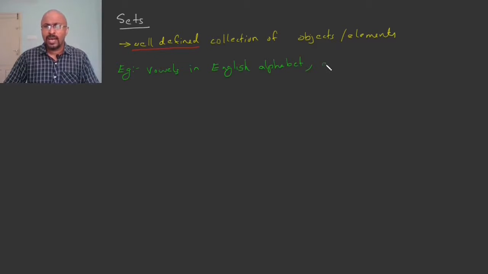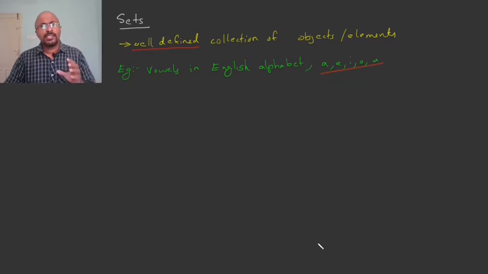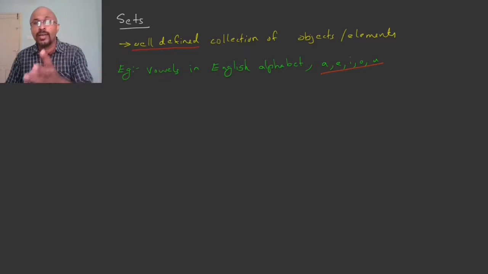We know they are A, E, I, O and U. So, this collection is a set because we can definitely say which are in the set and which are not in the set. So, sets are a well-defined collection of objects or elements.